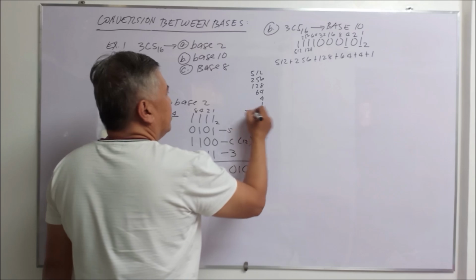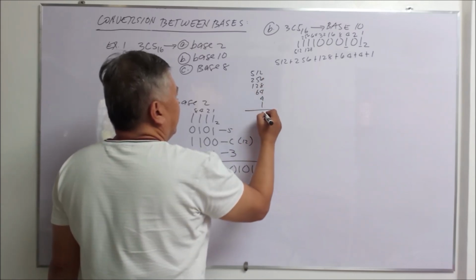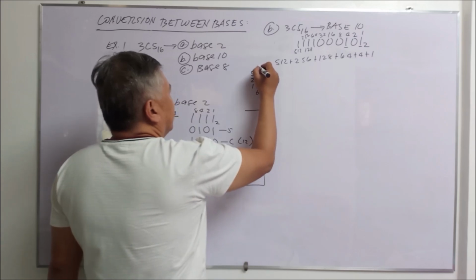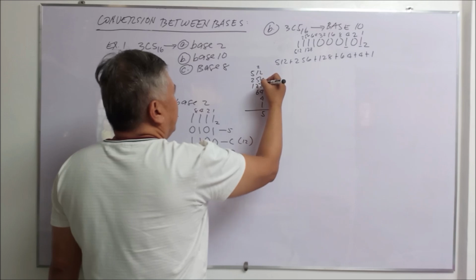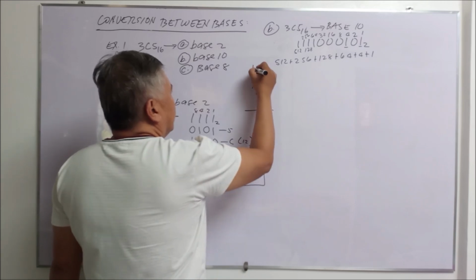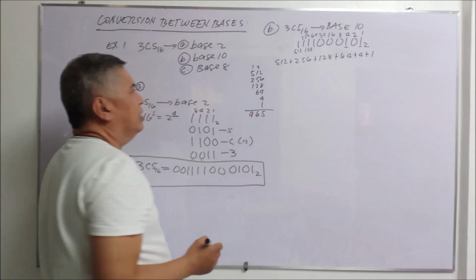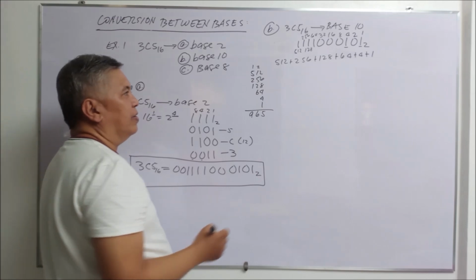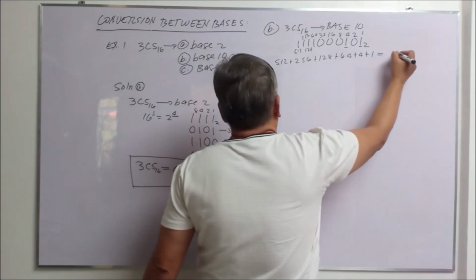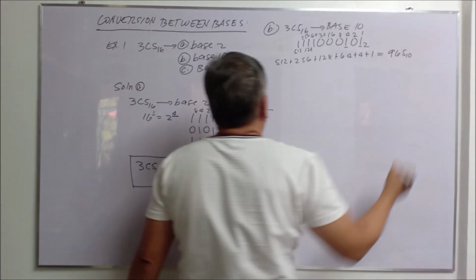Plus 1. So you have 10, 20, 25. Carry 2. Okay? So you have 7, 8, 10, 16. Carry 1. So you have 7, 8, 9. 965 of base 10. Okay? So the answer is 965 of base 10.